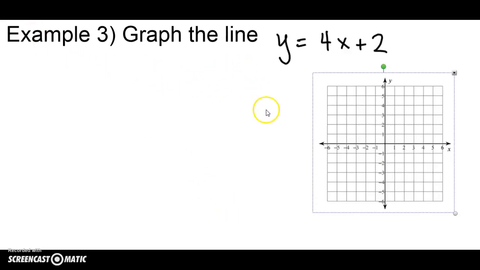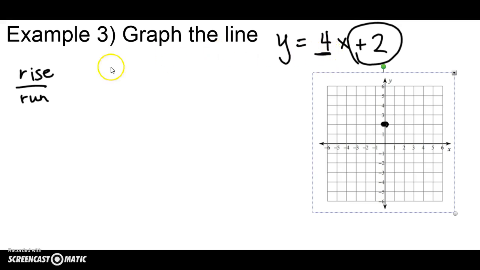Example 3 asks us to graph the line y equals 4x plus 2. So once again, our starting point is our y-intercept, or 2. So we're going to go to our y-axis and plot the point 2. And we know that our slope is the number in front of the x. Now this one's tricky. We know that slope is the same thing as rise over run.